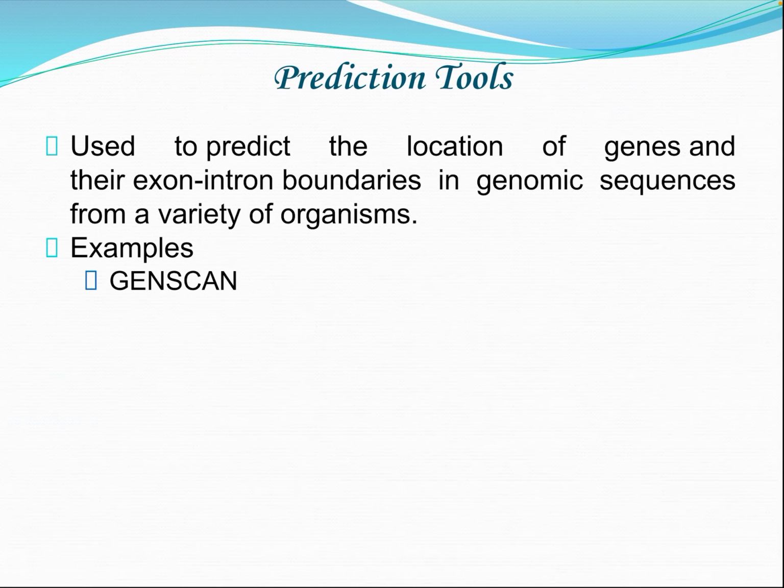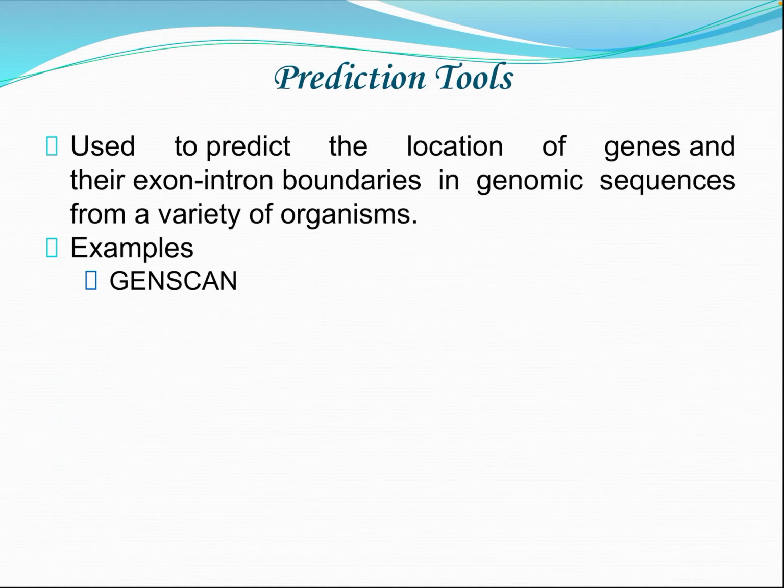Just like the sequence alignment tools, we have a lot of gene prediction tools also. If a nucleotide sequence is given, the exons and introns can be predicted, or the presence of genes can be predicted, or even the percentage of GC values.